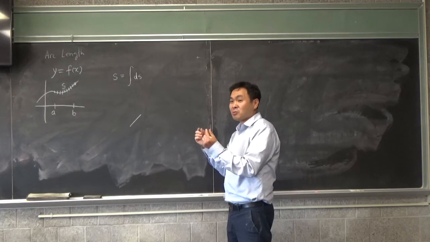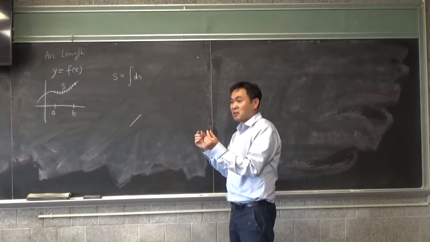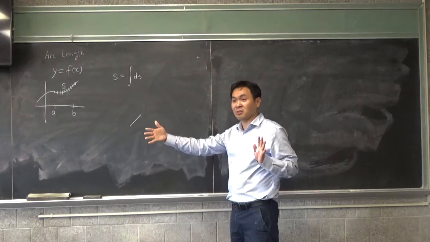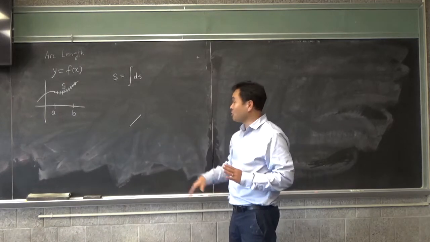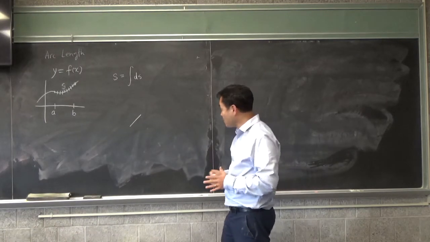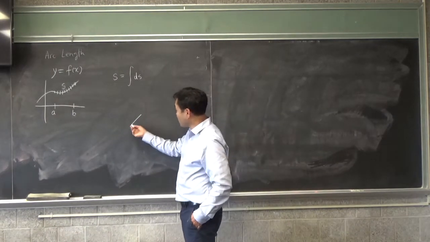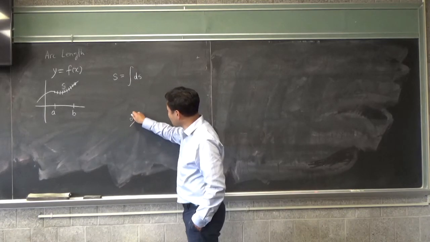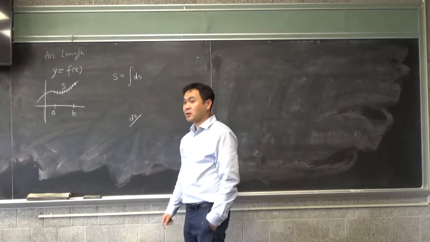We used that to our advantage to calculate and add them up to get the volume. Same idea here. If you chop it up into small pieces, suddenly they look like a straight line, and this is our piece of ds.